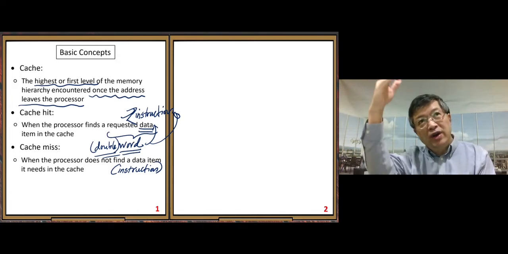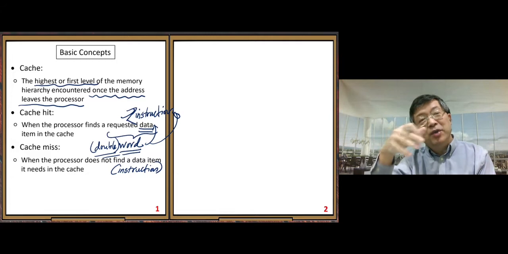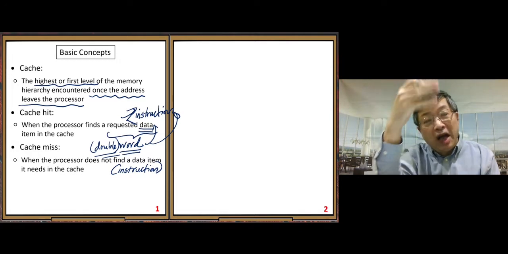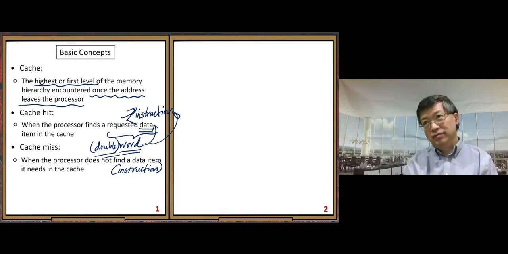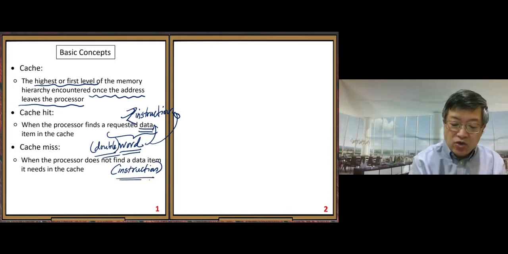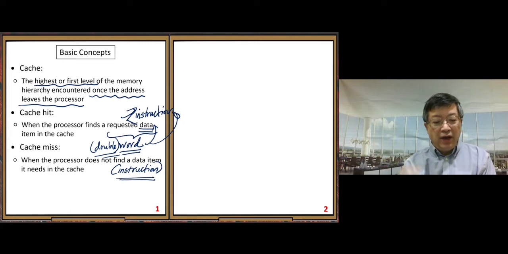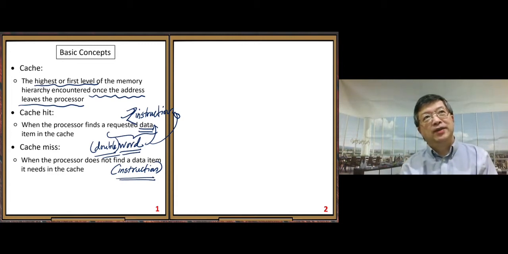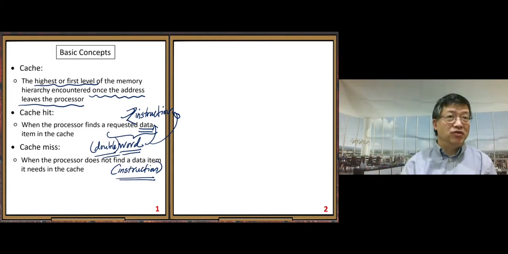Instructions we usually load based on the sequence, but you still have cache miss and cache hit cases. So we should include the instruction case for better coverage. Not just data, we may have cache misses for instructions also.